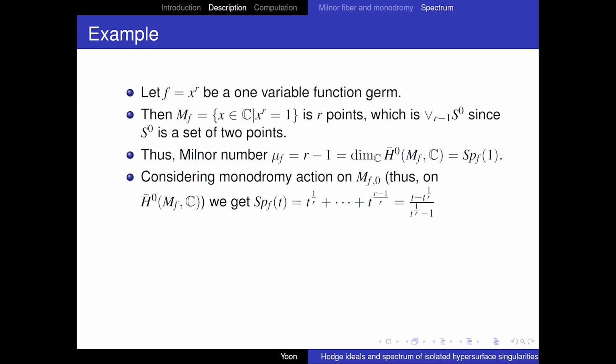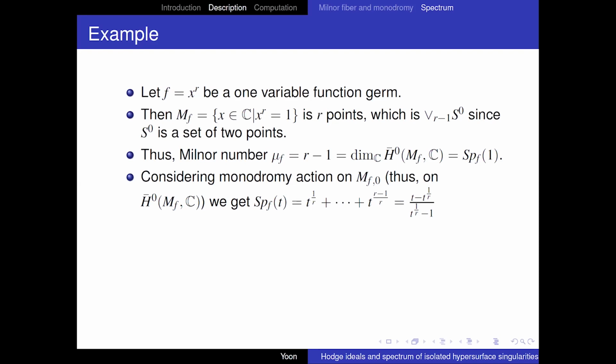The first point goes to the second point in the Milnor fiber, the second point goes to the third point, which makes a matrix on the zeroth cohomology. It is 0, 0, 0, and finally 1, and 1, 0, 0, something like that. So it moves each point one by one.